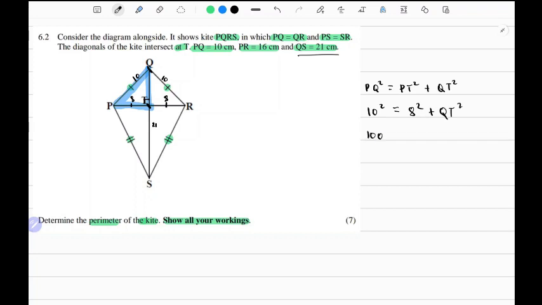So 10 squared is 100, 8 squared is 64, plus QT squared. Make QT squared the subject, you get 100 minus 64. So QT squared is equal to 36. So if you take the square root on both sides, the square root and the square cancel. So therefore QT is equal to 6.